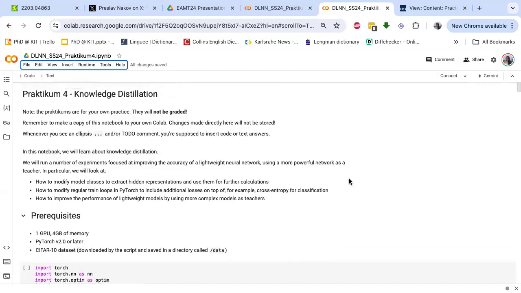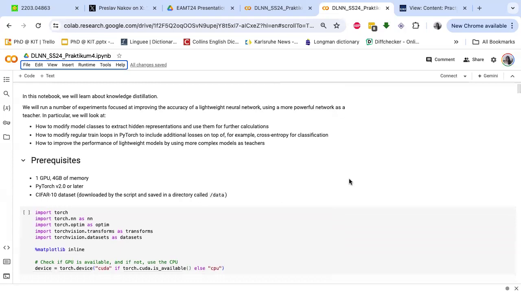So the practicum today is about knowledge distillation. I believe you have already learned about this in the lectures. Technically, knowledge distillation is improving the performance of some more lightweight neural network using a more powerful network as a teacher.